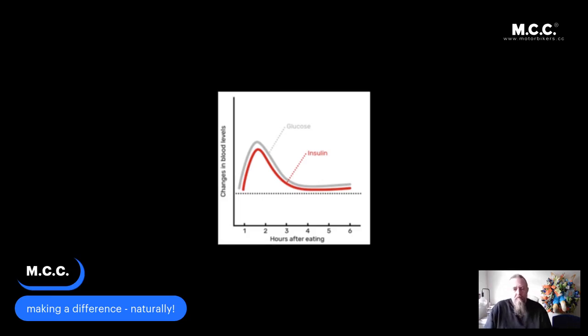The main way this is done is by what are called GLUTs. These are inside your cells, and they're basically like a courier. They come up to the outside of the cell, pick up the parcel, which is the glucose, and take it inside to your mitochondria, where it's used to make energy in your cell. I'll come back to the GLUTs again in a little bit.